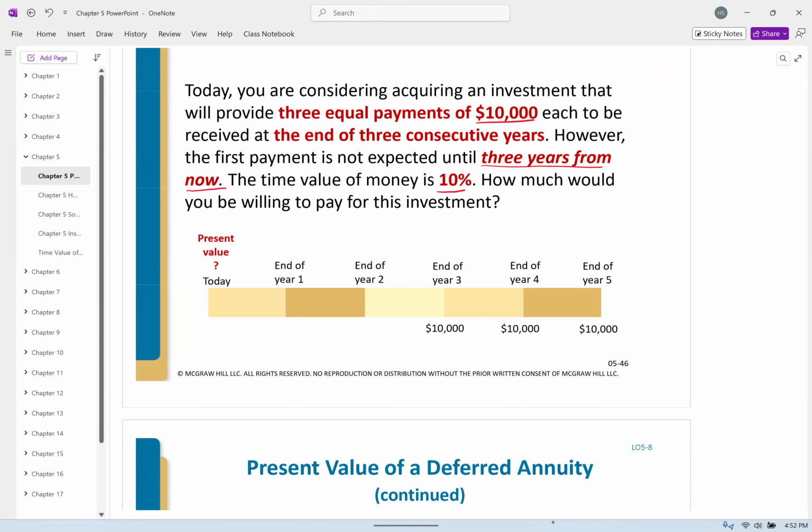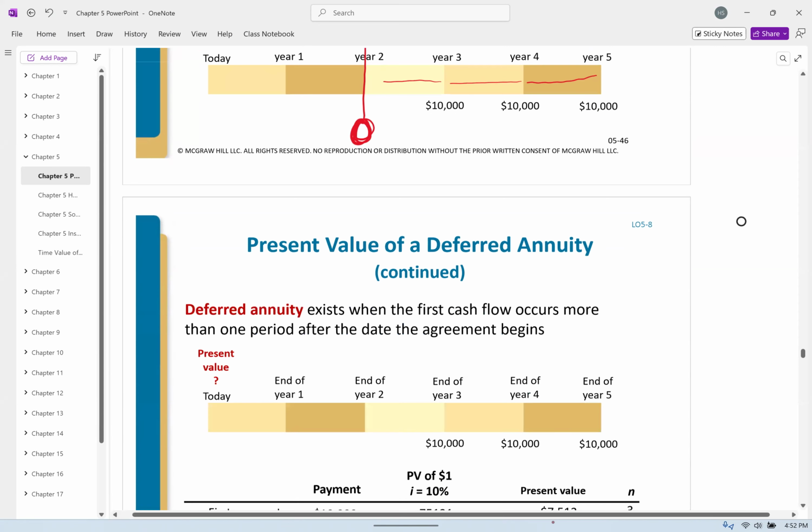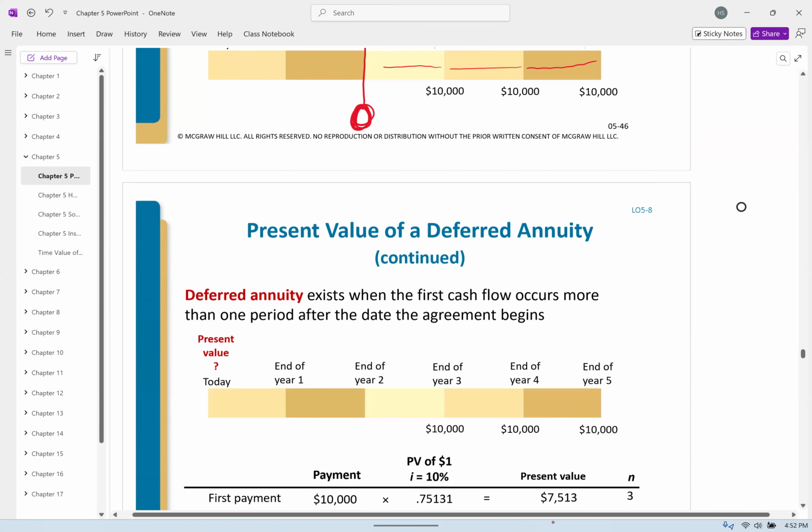Okay. So you're looking for the present value of 1, but we first have to back it up and figure out how much this string of these 3 payments is. What is the value right there? Then we'll back it up another 2 years. Okay. So this is a deferred annuity.